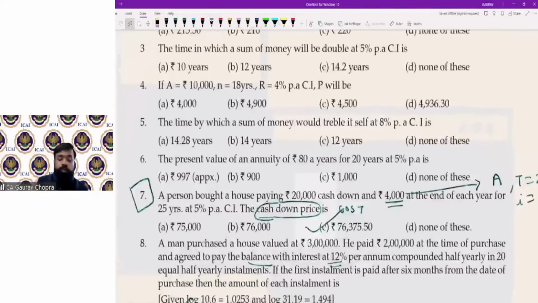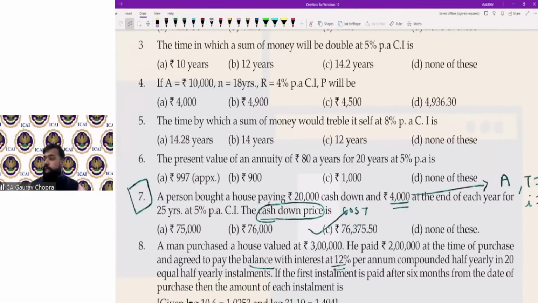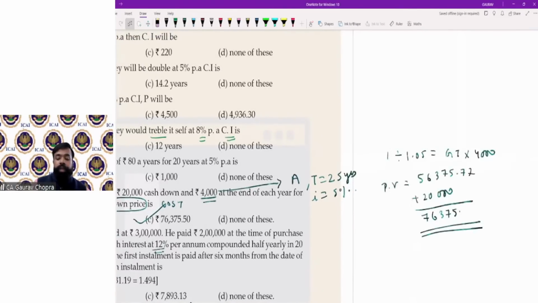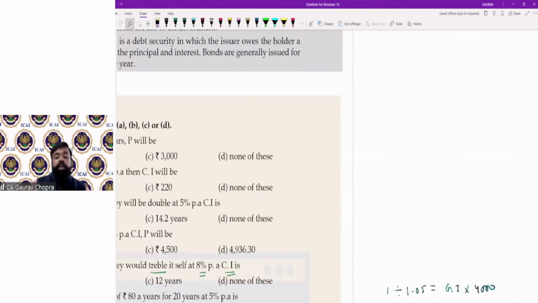Question number 5 from this D exercise Janvi has asked, so let's do this last question for today. The time by which a sum of money would triple itself at 8% per annum compound interest. So this is a question based on compound interest, and the money has to triple. If principal is P, then amount is triple, that is 3P.